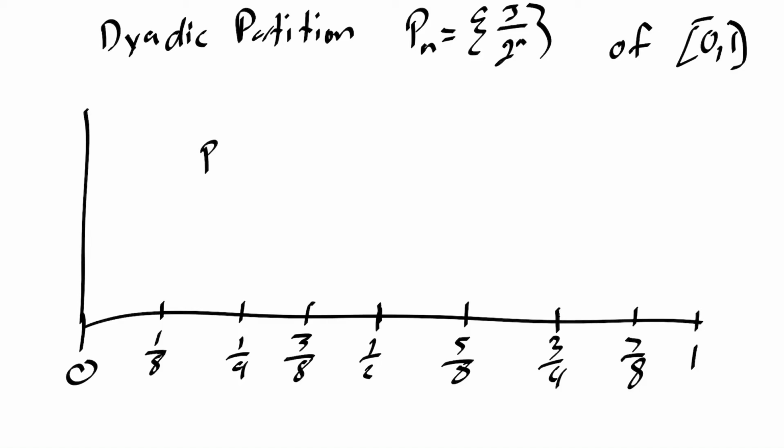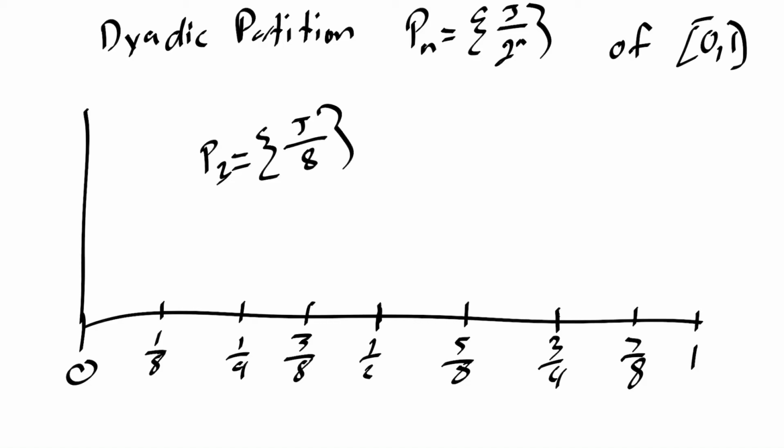And so that partition I just drew would be P3, because that would be every multiple of 1/8. So it'd be 0/8, 1/8, 2/8, 3/8, 4/8, all the way up to 8/8. It's written in a little bit more detail in the book. I was a little bit lazier.